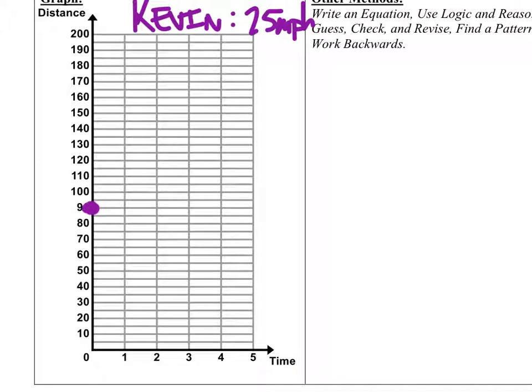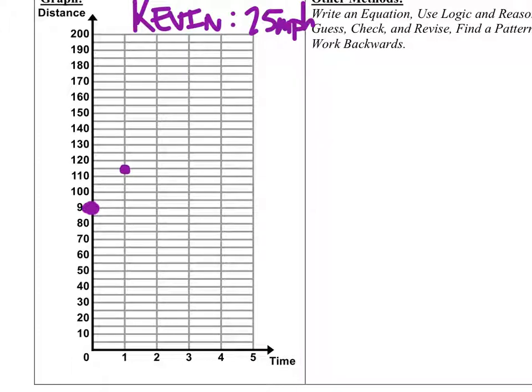So after 1 hour, how far away would he be in distance? Well, we'd take 90 and add 25, which would be 115. That's how far he would be after that first hour.